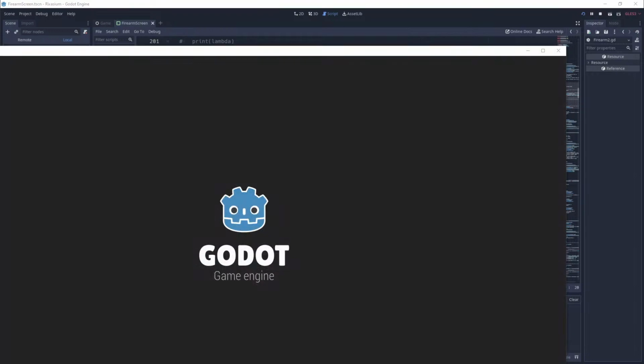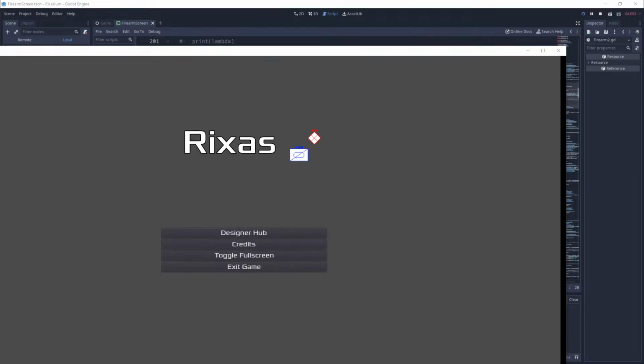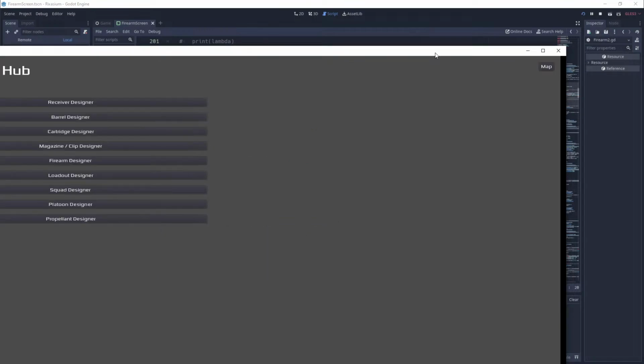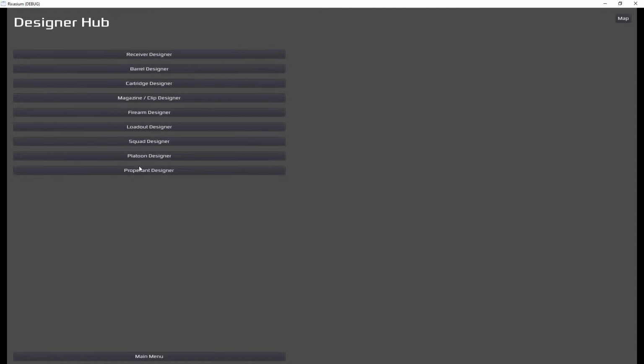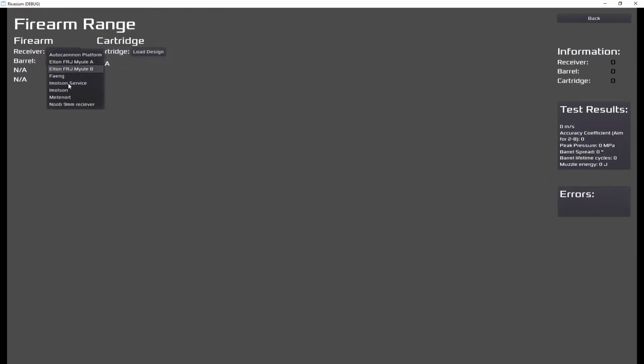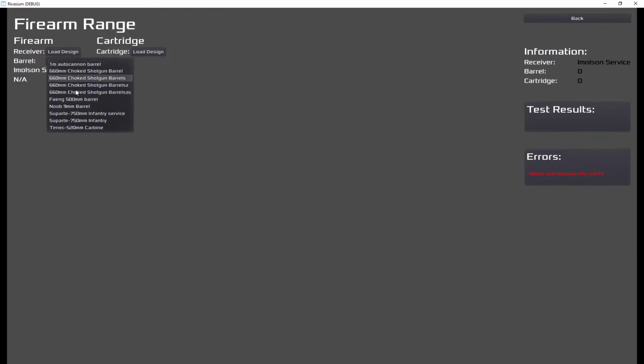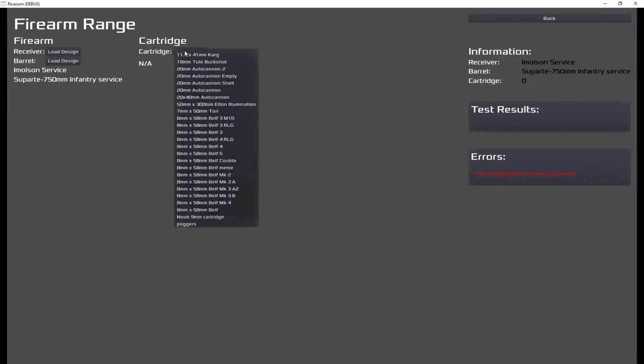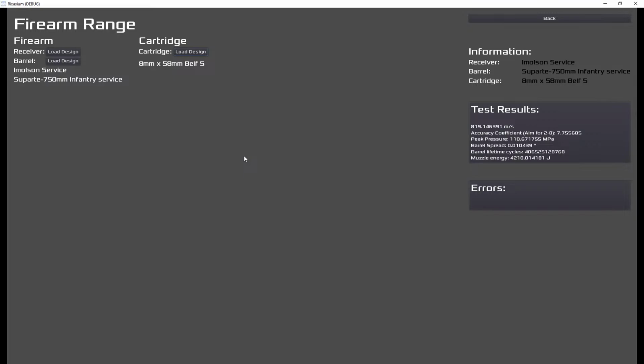I should have been a bit suspicious when not all of my screens showed up. The imposter is sus. Did I delete the muzzle velocity? Okay.